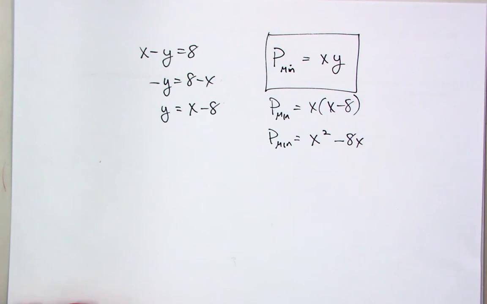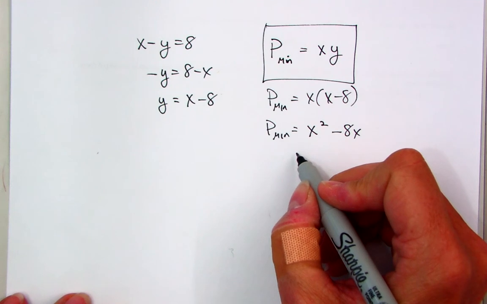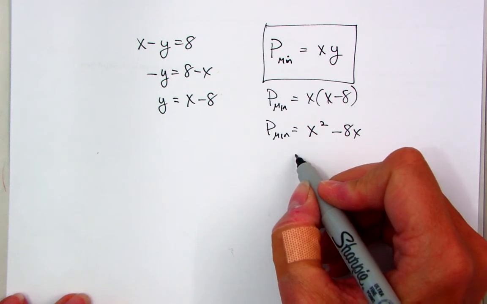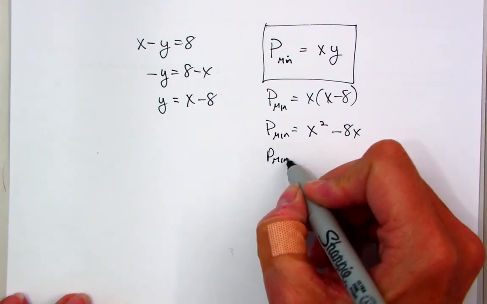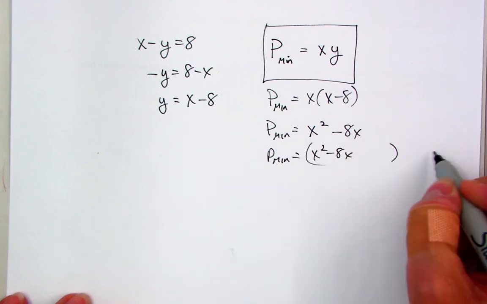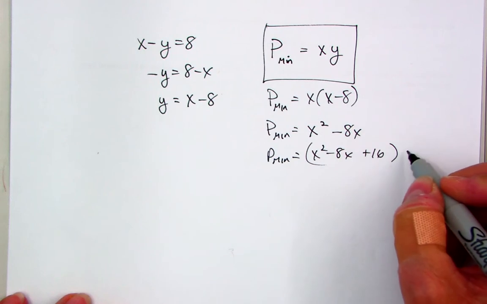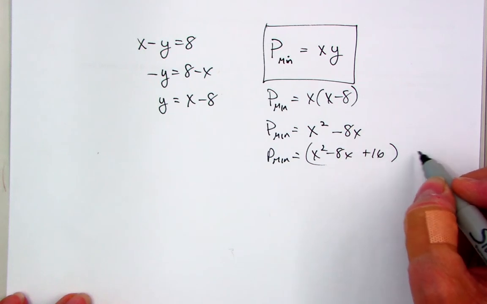So now I want the smallest product possible. So what I'm going to do is complete the square. There's nothing out here. What's that? 4, 16. I added 16, so what must I do here?